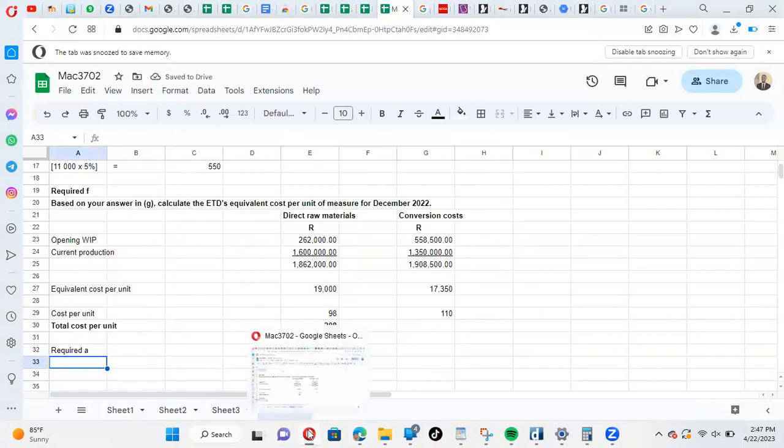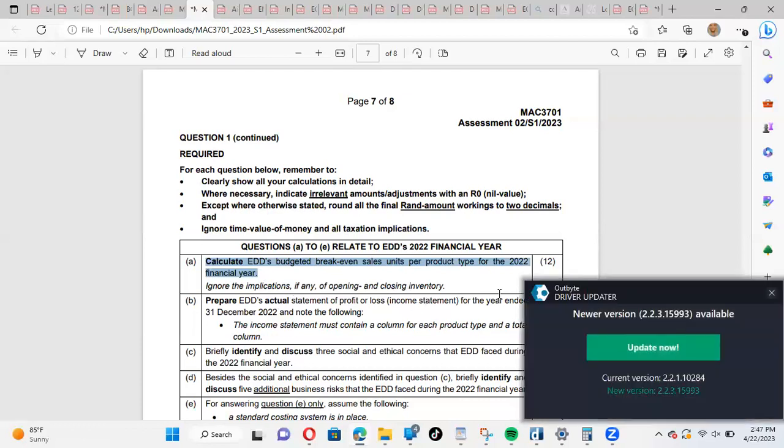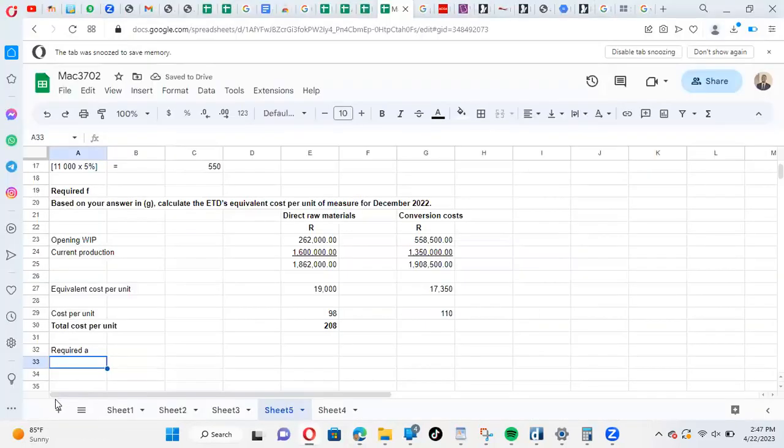Required A, what do they want? Ignoring implications of any opening and closing work in progress. That sounds better there.